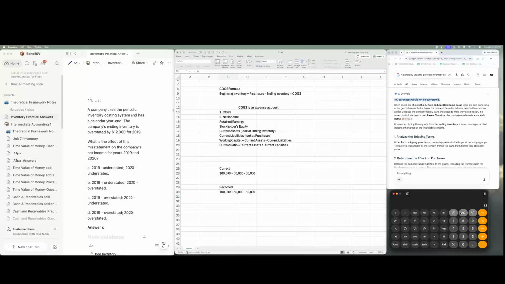The correct amount for cost of goods sold should have been 100,000.